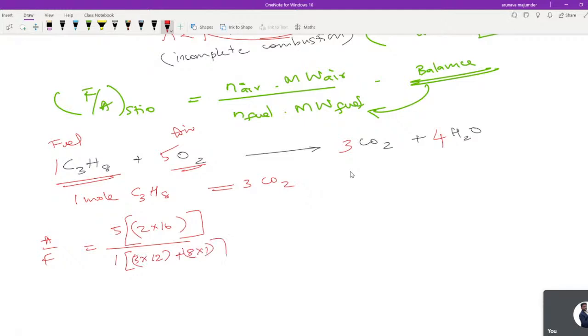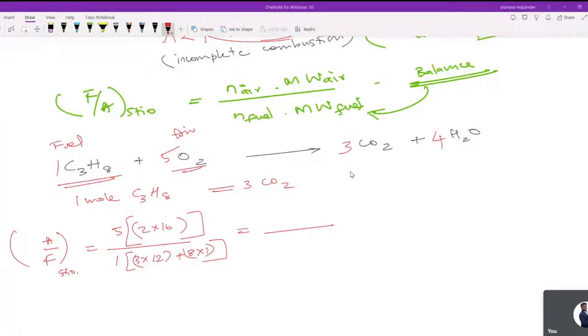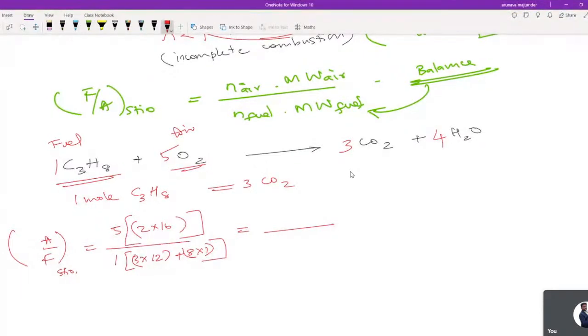Whatever value you get is going to be your stoichiometric value. This is how you find the stoichiometric value. There may be 1 mark or 2 mark questions of this kind on your GATE exam.